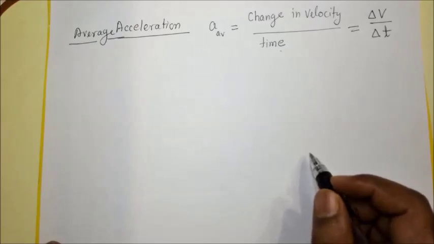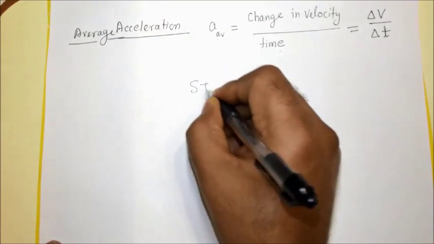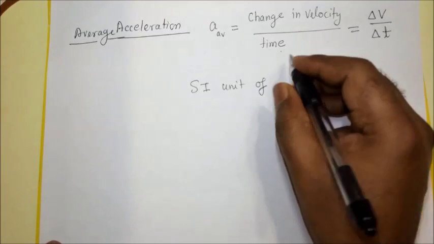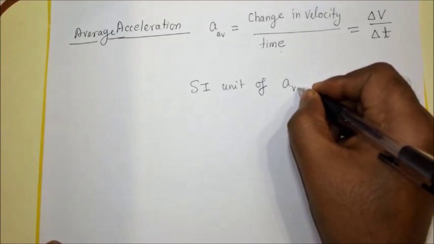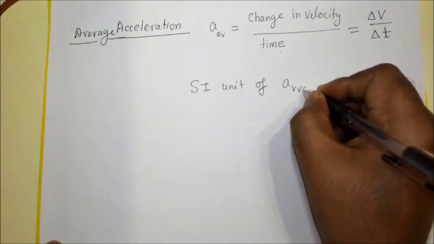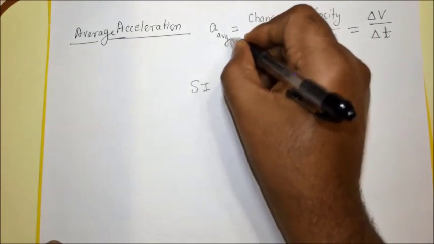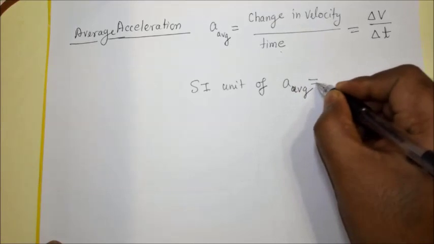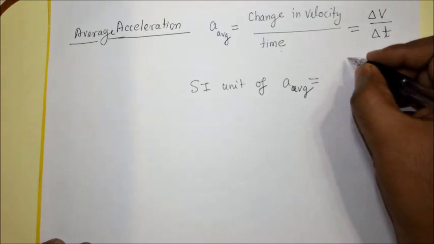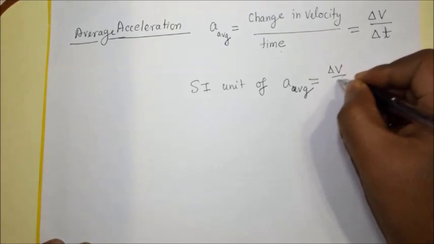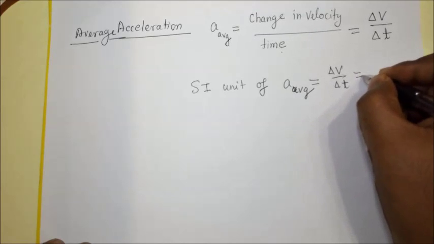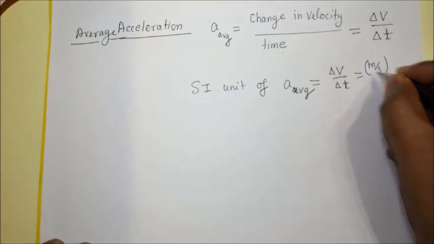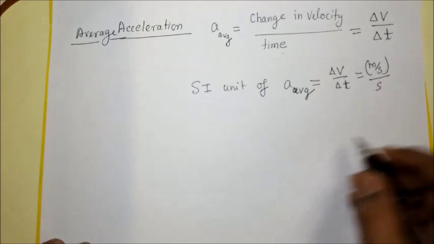So what would be the SI unit of average acceleration? AVG for average. Delta V over delta T is meter per second, delta V over second.